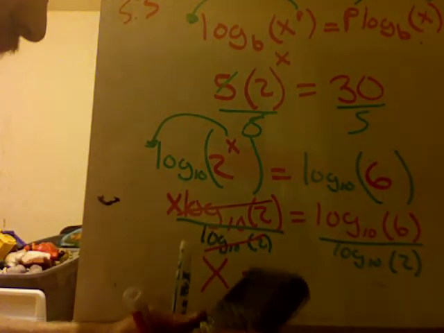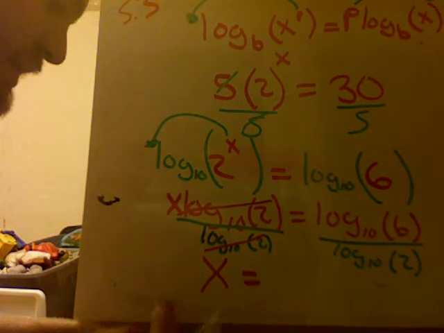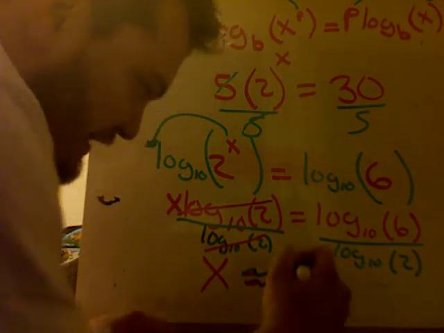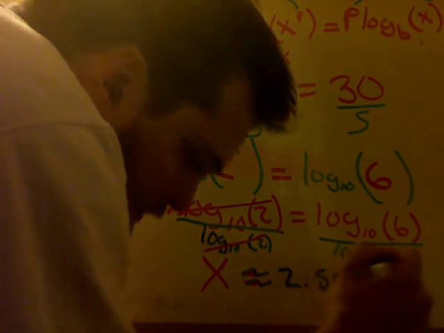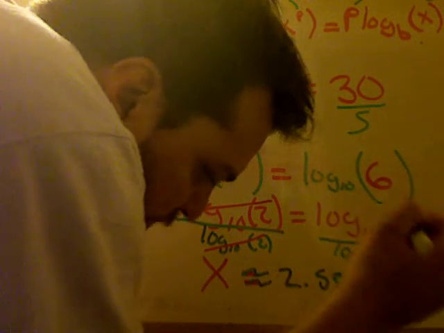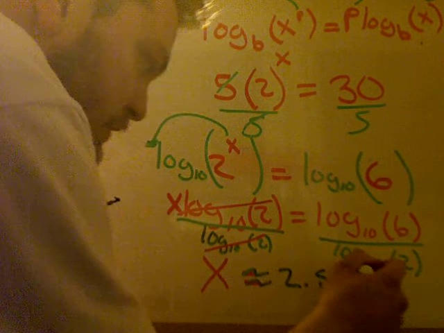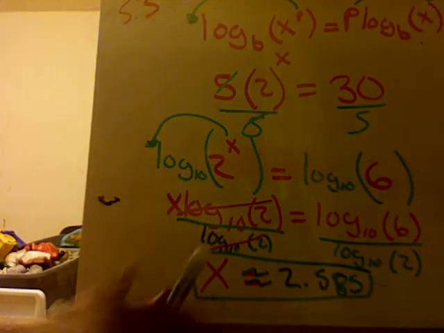Put that in my calculator here, and I end up with an approximate answer, which is okay. No problem with approximate answers. It's 2.58, and rounded off would be a 5, so x would be approximately 2.585.